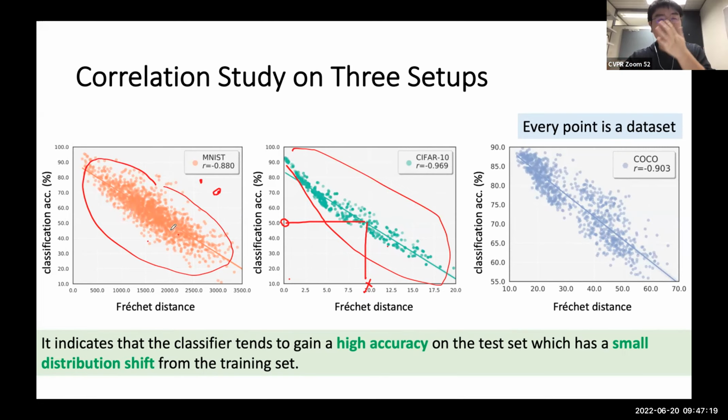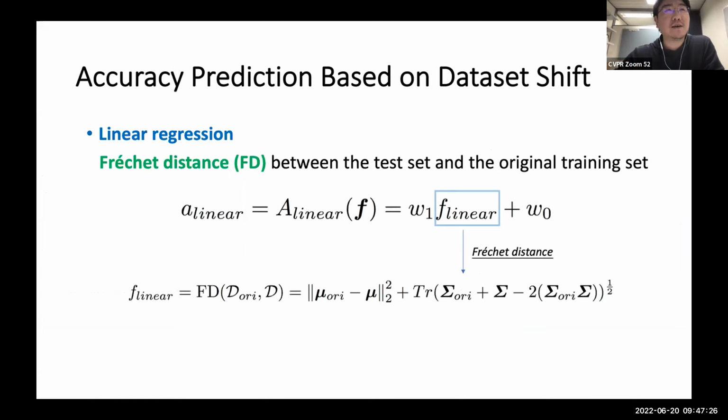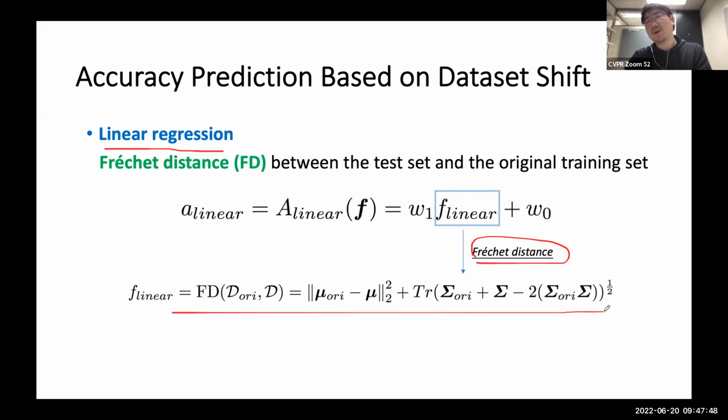All right, let's go forward. Previously we saw some linear relationships, so a very natural thought is to use linear regression to model this relationship. We use this feature distance, whose equation is here. When we have two distributions, it calculates their difference in mean and in covariance matrix.